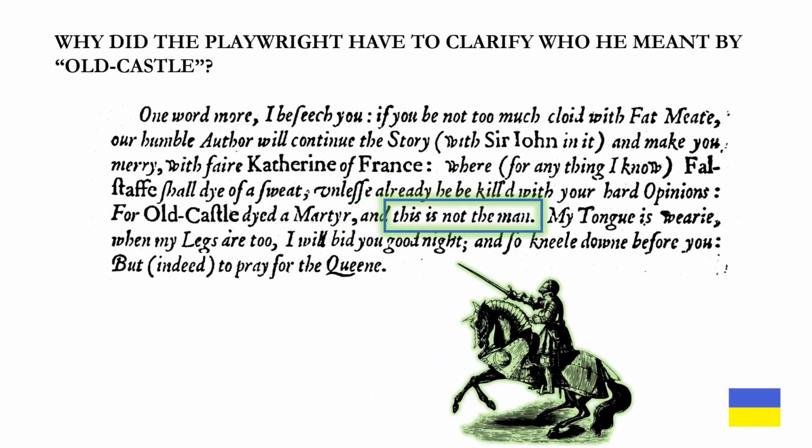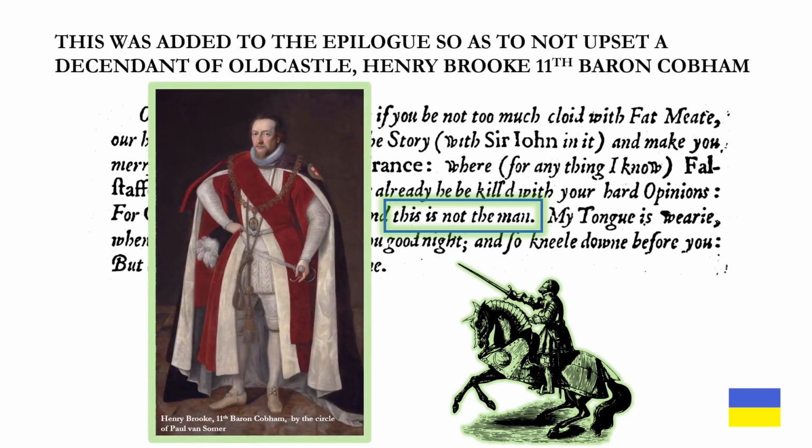Why did the playwright have to clarify who he meant by Oldcastle by saying "this is not the man"? I believe, along with other Oxfordians, this was added to the epilogue so as to not upset a descendant of Oldcastle, Henry Brooke.